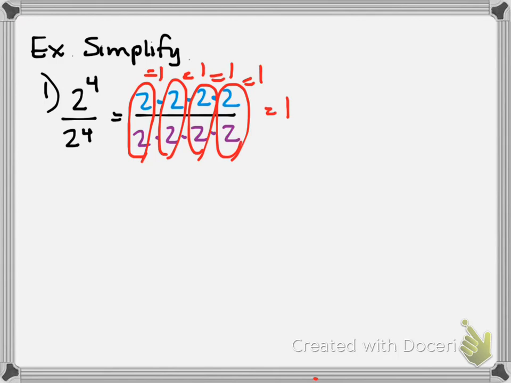I divided something by itself. I get 1. It's the identity property of multiplication, because I could rename this as 2 to the 4th times 1 over 2 to the 4th, multiplying reciprocals. But if I want to use my property, I'm going to subtract those exponents.